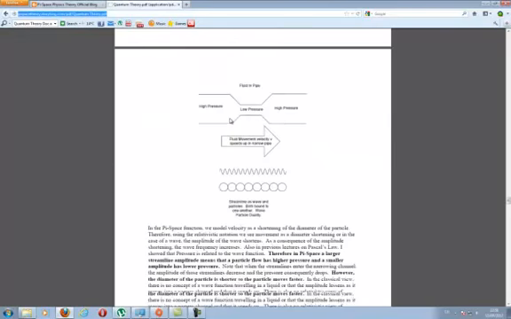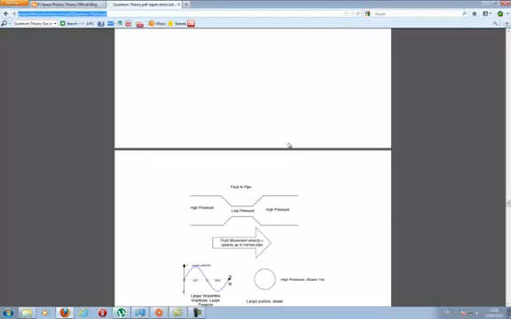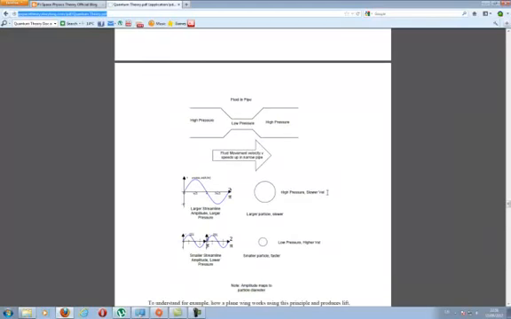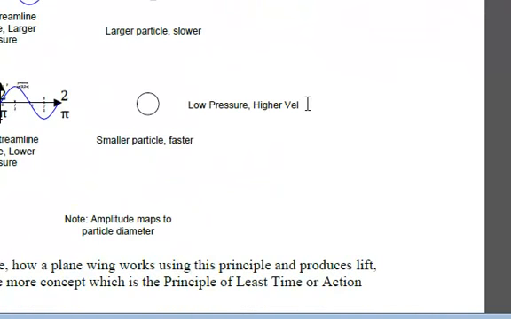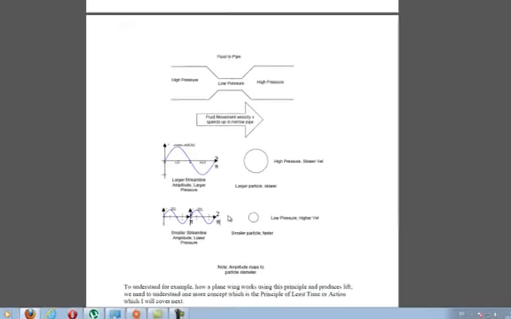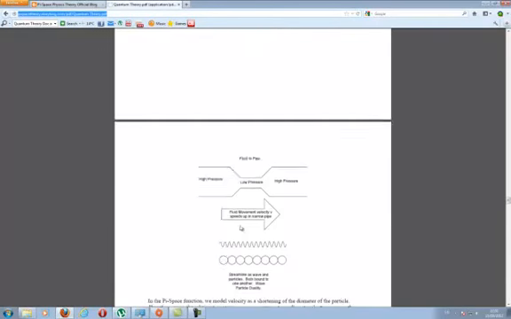And just finally, higher pressure, slow velocity, this is the larger streamline amplitude, larger pressure, and then lower pressure, higher velocity, smaller streamline amplitude, lower pressure. We add the wave function, we call that the wave function explicitly, and according to the theory I've developed, it makes the Bernoulli formula more intuitive.